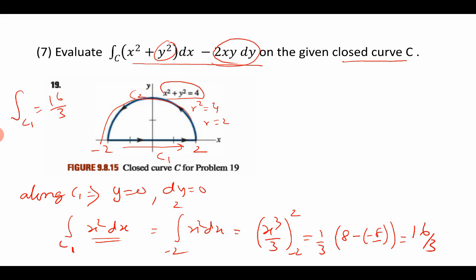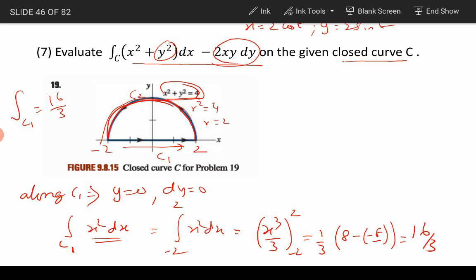Now the other curve is C2, this one. It is a circle. You can write it in parametric form. The radius is 2. So we can write this circle as x is equal to 2 cosine t and y is equal to 2 sine t. So we will do it along C2.